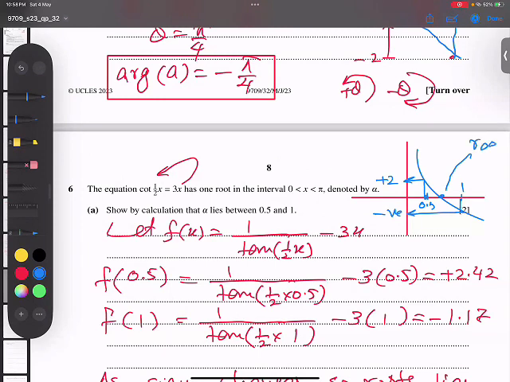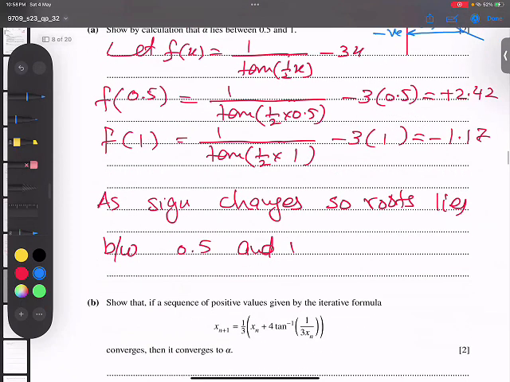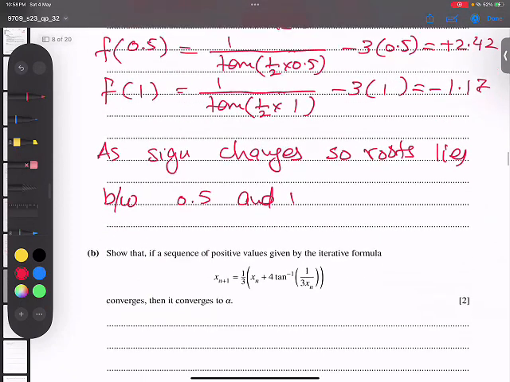Root is called solution. It means if one value is coming positive and one is coming negative, 100% the root lies between this one and this one. And if the curve totally lies above the x-axis, so throughout positive means no sign change, the root does not exist there. So now I hope you got the idea.